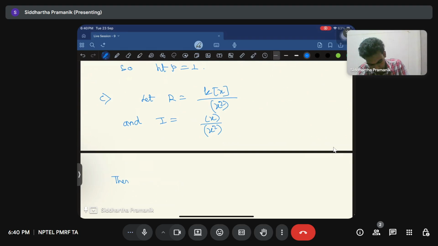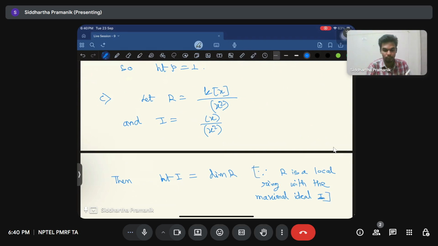Then the height of I is the same as the dimension of R, because R is a local ring with the maximal ideal I. And the dimension of R is basically 0, because the dimension of K[x] is 1 and we are going modulo a non-zero divisor and non-unit.